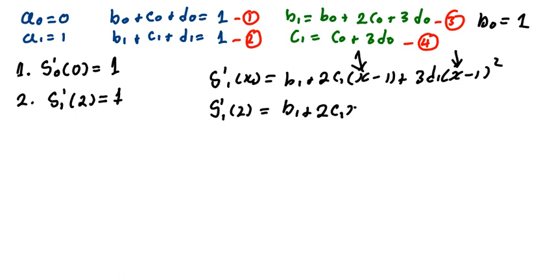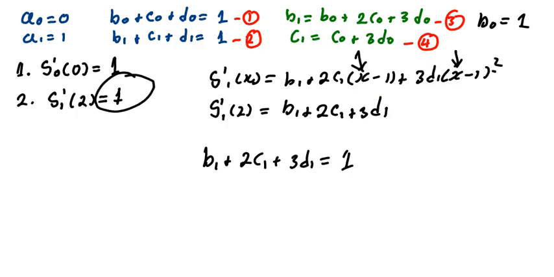Okay, do we have an x? No, we have substituted. What about this one? 2 minus 1 is a 1. 1 squared is still a 1, so that would be 3d sub 1, like that. Then what do we do with this? We say b sub 1 plus 2c sub 1 plus 3d sub 1 is equals to a 1.